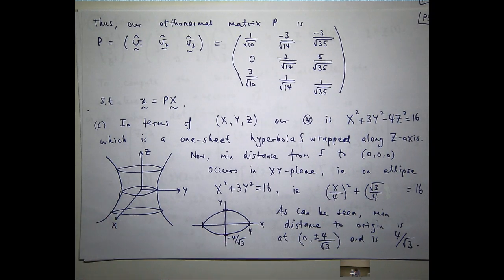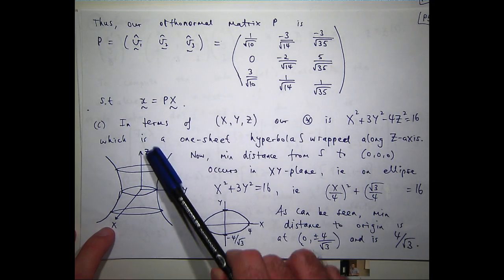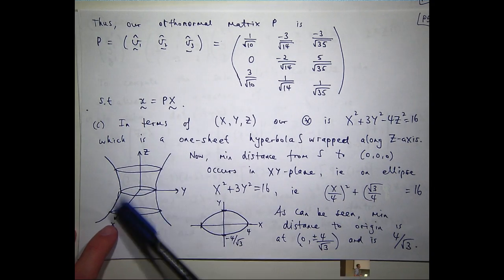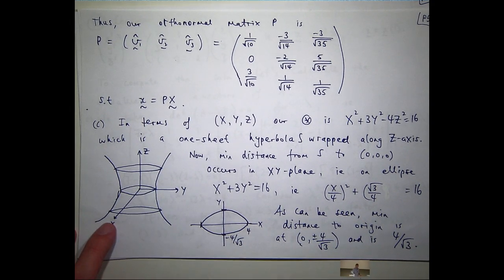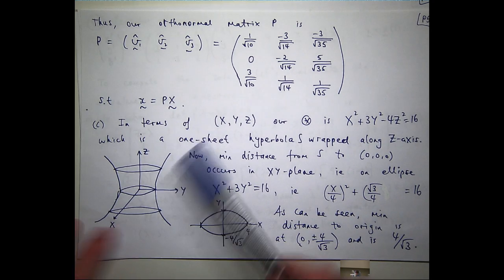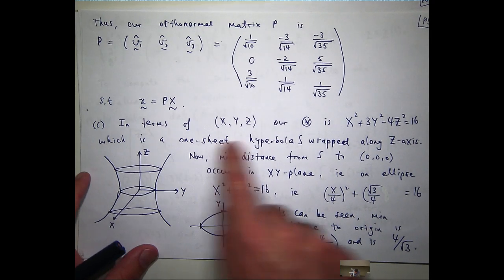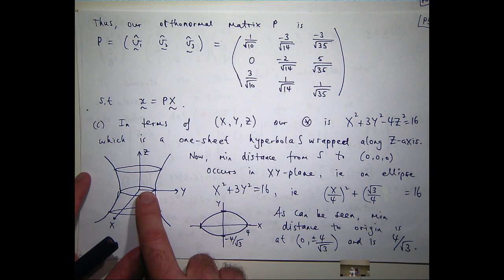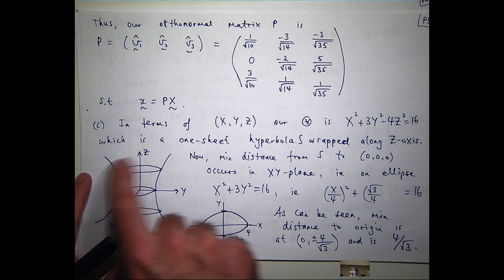And we said, okay, it's a one-sheet hyperboloid. Now, here I've drawn them in the big X, big Y, big Z coordinate system. In particular, it's a one-sheet hyperboloid wrapped along the Z-axis. Now, let's look at this actual surface.